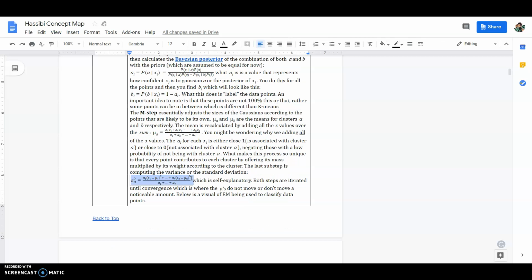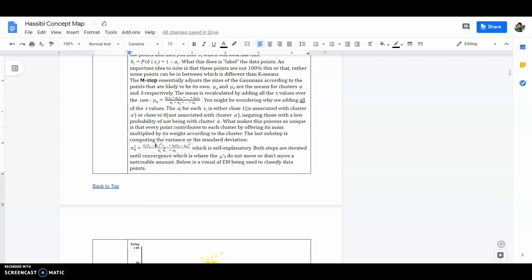You also need to change the standard deviation of each Gaussian, and so the variance of cluster A, I meant, uses the same sort of method. So A of 1 times the difference between the mean and the value, squared, and so all over that, which is pretty self-explanatory.